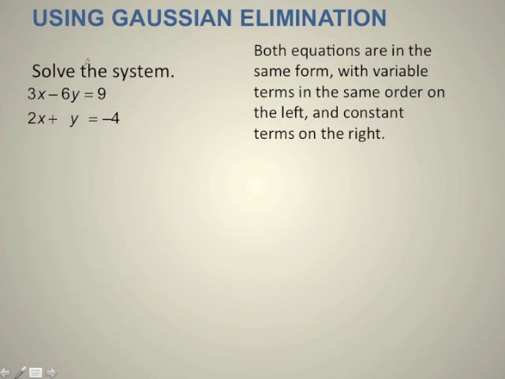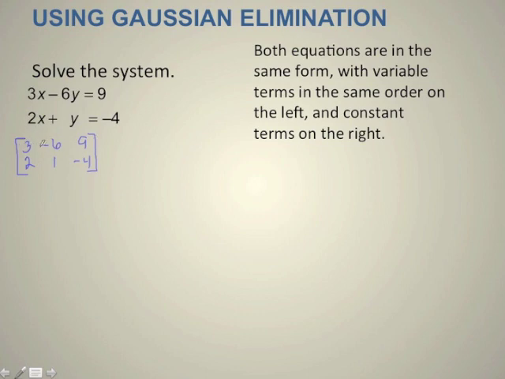First, we have to get the equations in the same form, x, y, and then equals the constant. That has to be the same to begin with. Then to make our matrix, we will start out with 3, -6, 9, and 2, 1, -4. Our goal is first to get this number to be a 1.